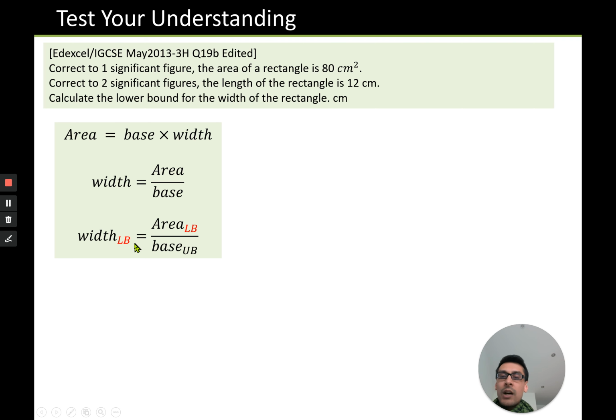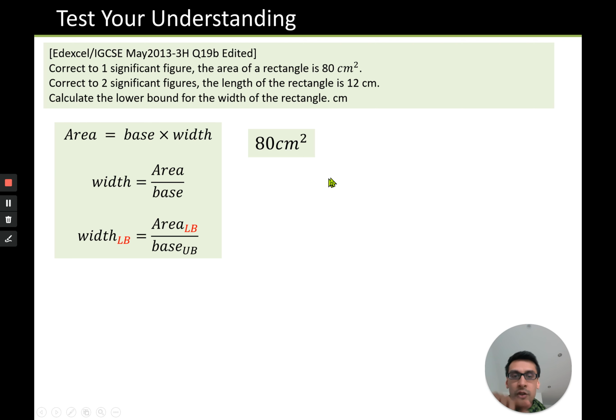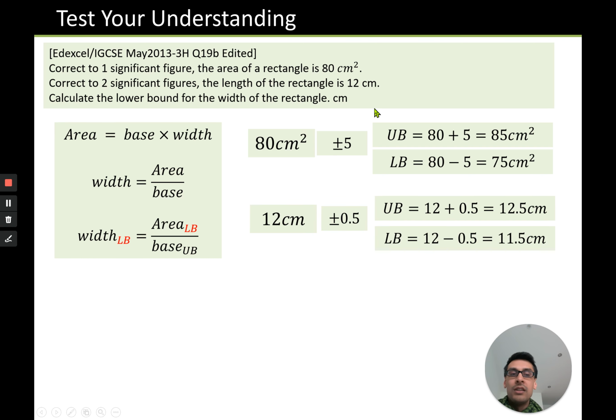To work out the lower bound, I'm going to do the lower bound divided by the upper bound. Now for 80, if it's to one significant figure, well, that 8 is the first significant figure. Half of 10 is 5, so that should be plus or minus 5. So you have 85 and 75, and then for the second value, you got 12 to two significant figures, so we're going to add and subtract half each time.